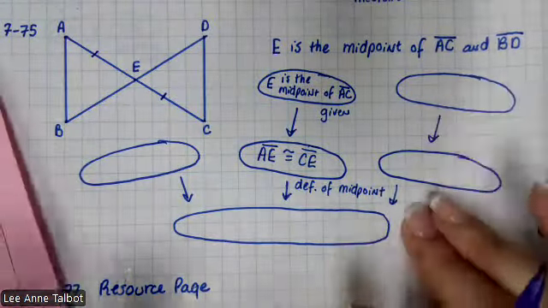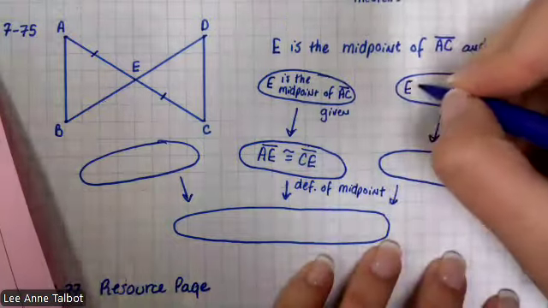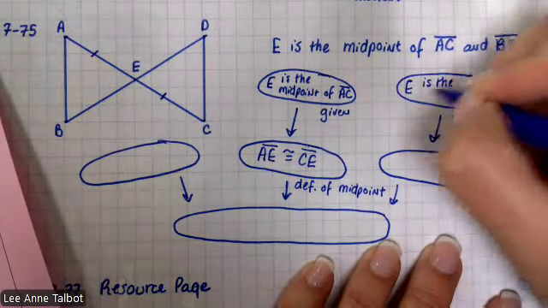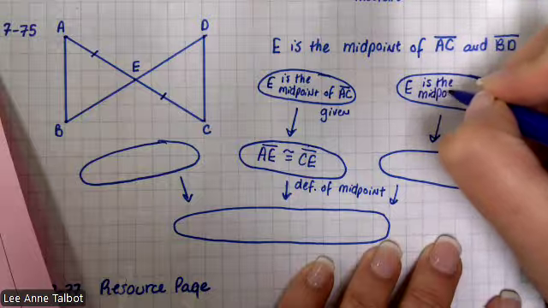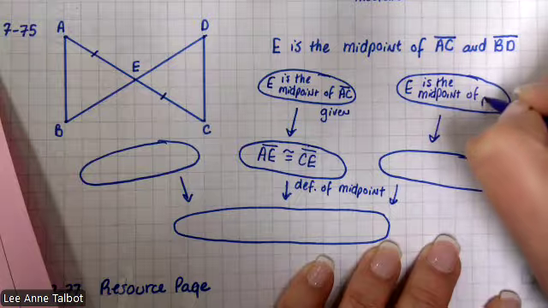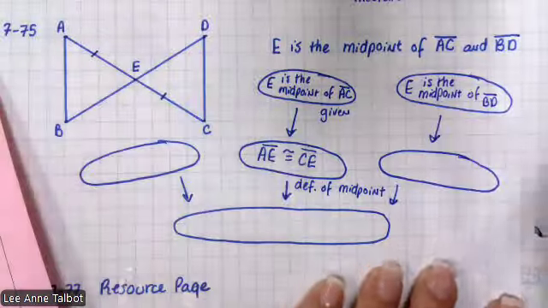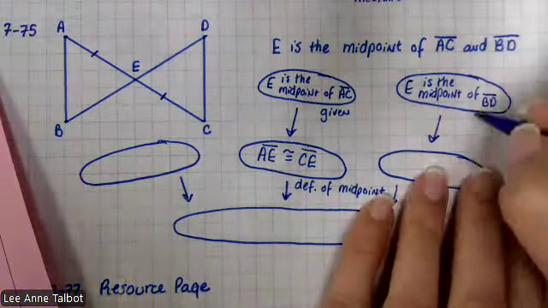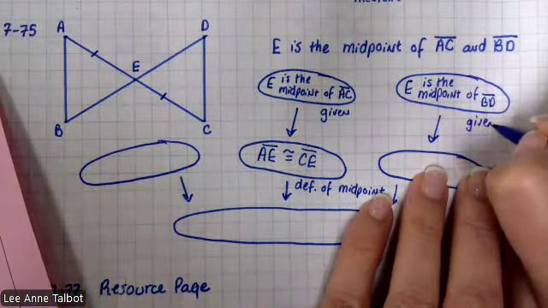Okay, now I'm going to go again over here. E is the midpoint of BD, given.